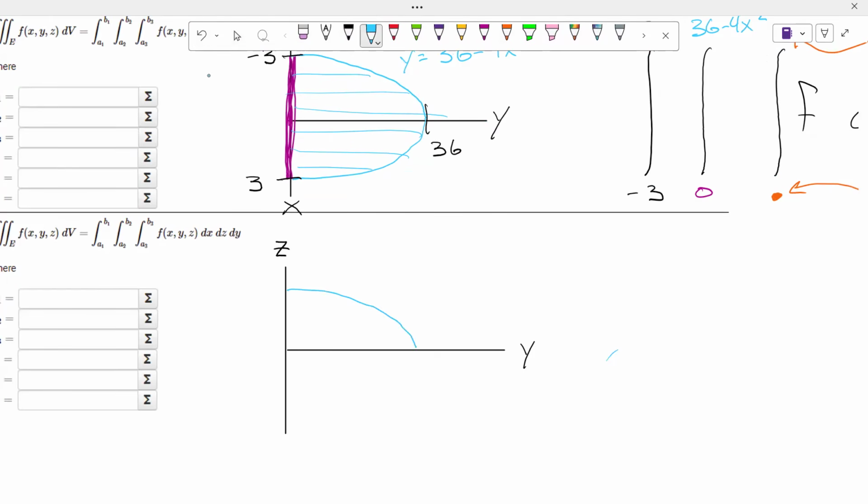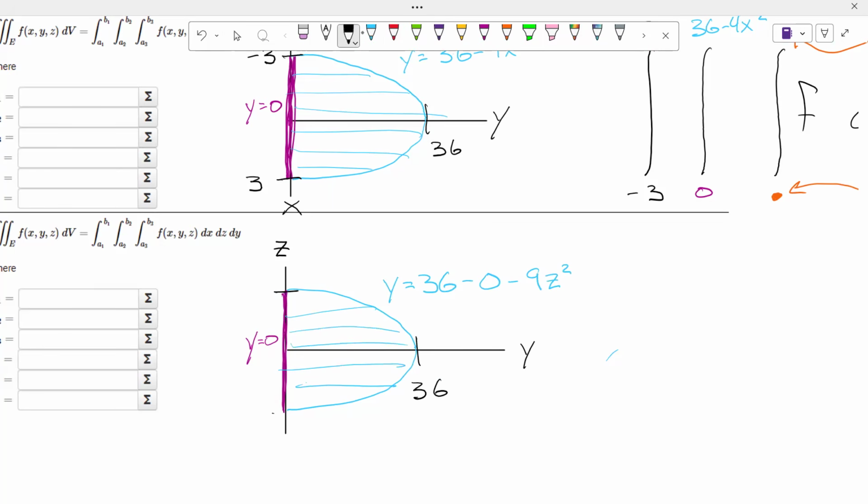So parabolic in this direction with, again, the magenta edge right over here. That's y equals 0. Suppose I didn't label it last time. So I'll do that again here. And now this is the graph y equals 36 minus 0 minus 9z squared. Y comes out to 36. Z is in between -2 and 2.